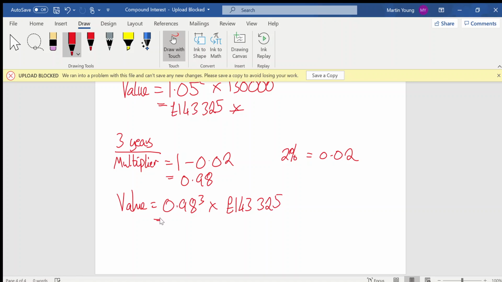Get the calculator, 0.98 cubed times 143,325. I'm getting for this one 134,896.34 and so on.